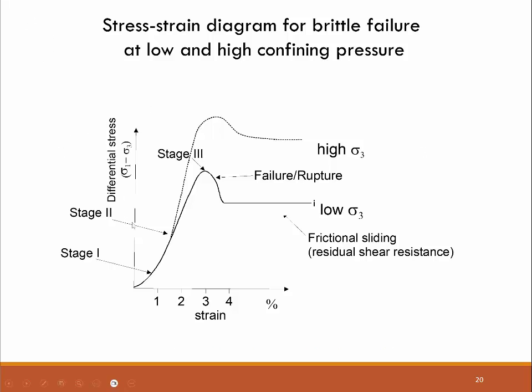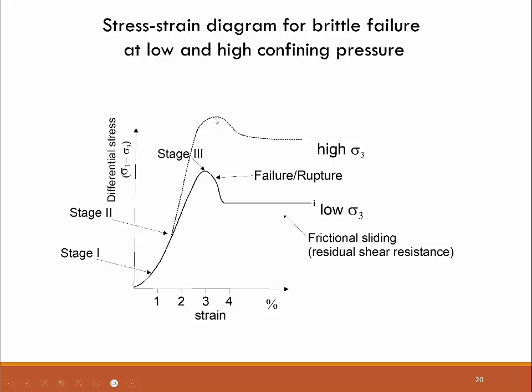We see here two examples, one for relatively low confining stresses, and we see that the yield stress is reached at lower differential stresses compared to the same rock that has been tested here under high confining stresses.